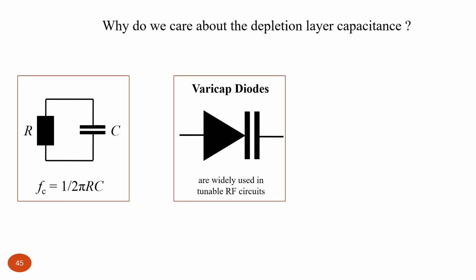So it's the so-called varicap device, and it's a PN junction where, by applying external bias, you can change quite a lot. It's designed with quite low concentration of donors or acceptors, so that the thickness of the depletion layer can change quite a lot with applied bias.